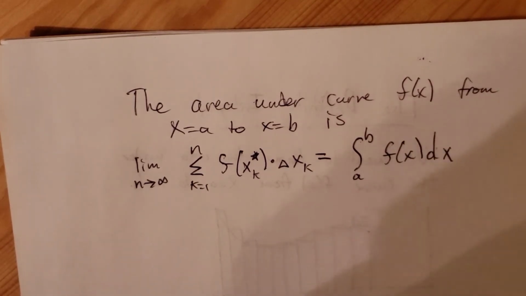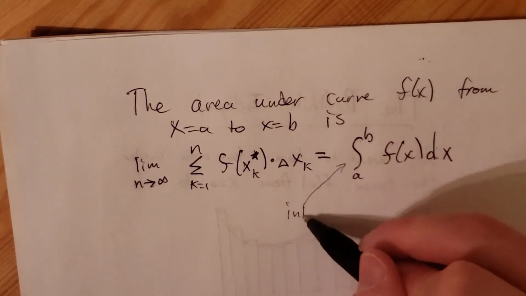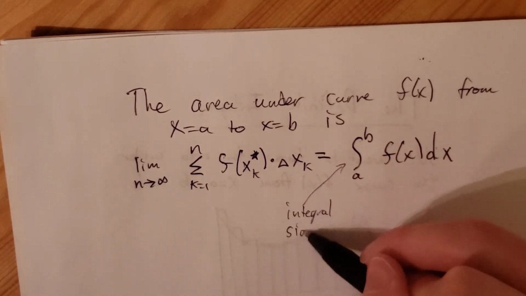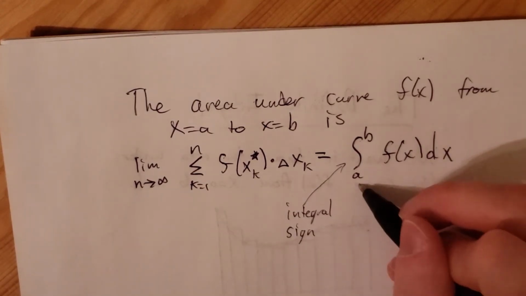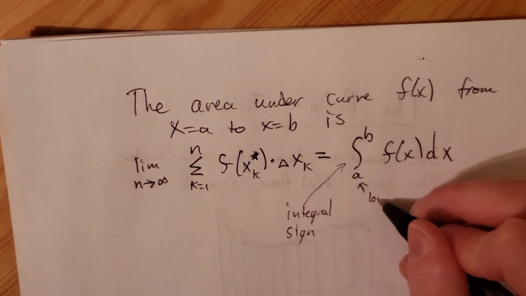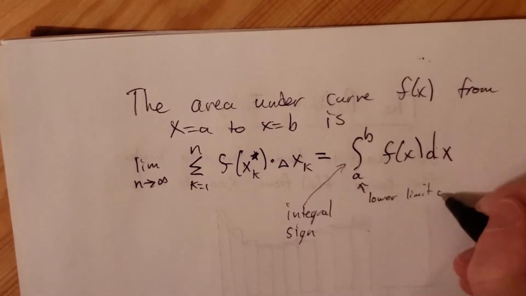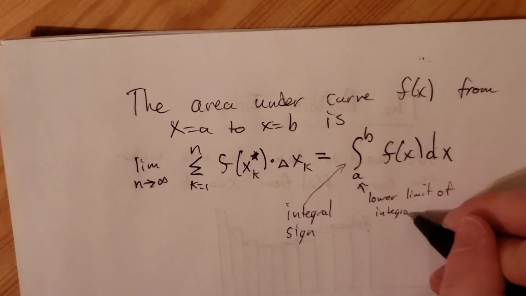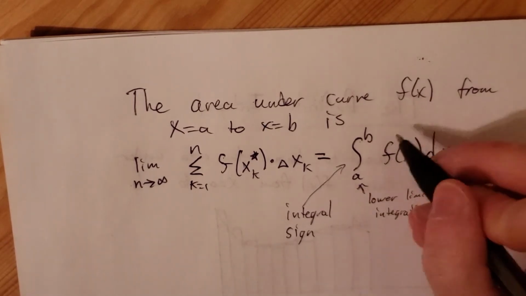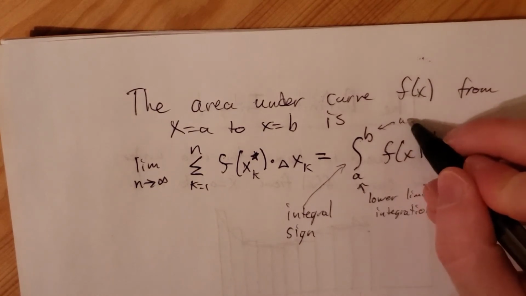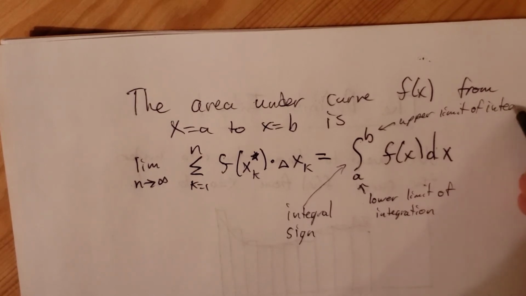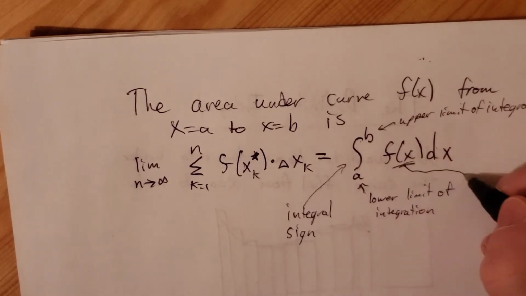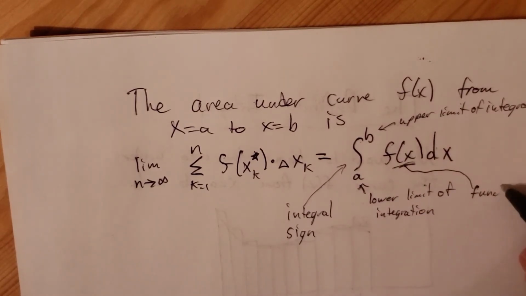Now what does all of this mean? Right here we have the integral sign, which we had introduced previously when we talked about indefinite integrals. The a, the thing that goes at the bottom here, is our lower limit of integration. In other words, it's the x value that we start integrating at. b is the x value we end at, so the upper limit of integration. f of x is just the function we are integrating.